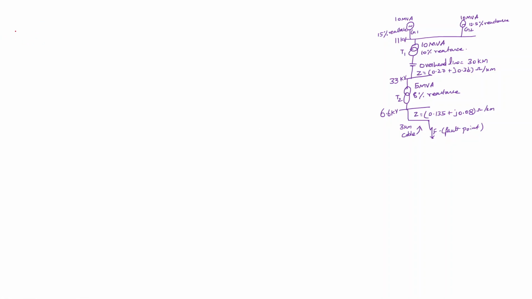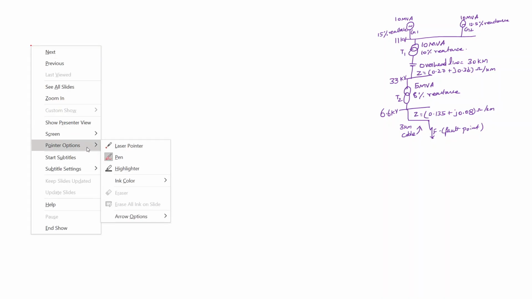So what will be the reactance of G1? What is the base? 100, sir. But what is the base given there? 10, sir. So can we change the base? Tell me the value of XG1 after changing the base. XG1 is equal to j 0.15 into base MVA, new or old?